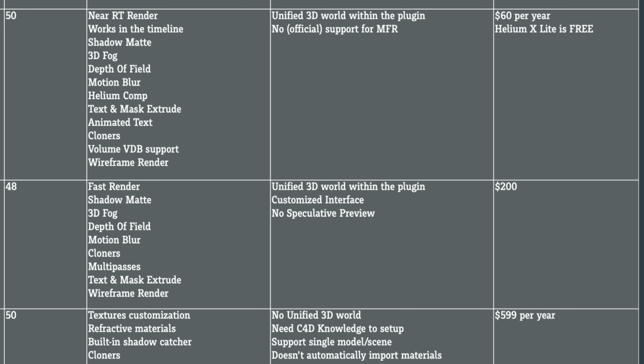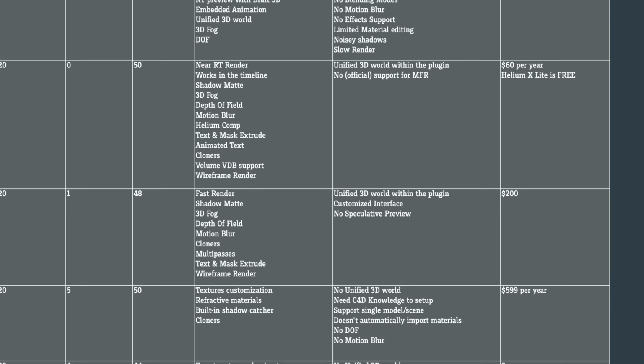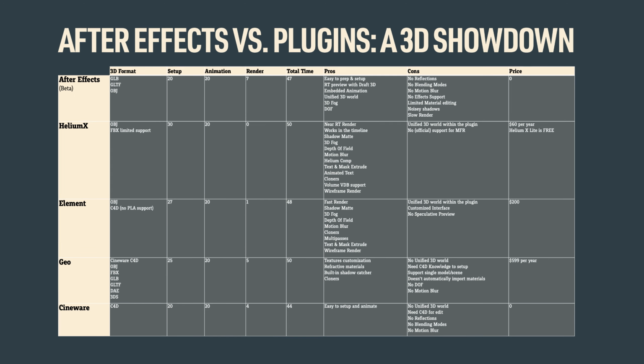For example, it can handle VDB files, and one of the most important things, it is highly stable. It has a bit of a learning curve, but once mastered, it's straightforward. And also, it offers a free option for basic 3D tasks. It also renders in nearly real time, so zero amount of wait.